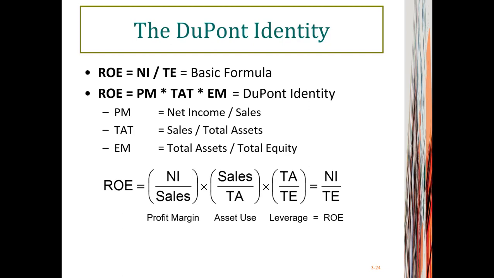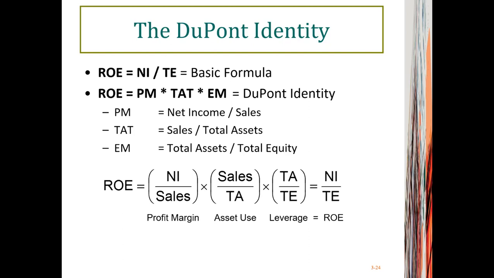The second leverage is financial leverage, and here we use the equity multiplier to measure it, which equals total assets divided by total equity. So return on equity starts with the profit margin, and this profit margin can be amplified twice: once by operating leverage, measured by total asset turnover, and twice by financial leverage, measured by the equity multiplier.